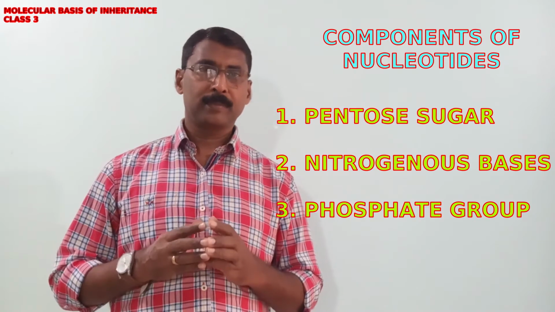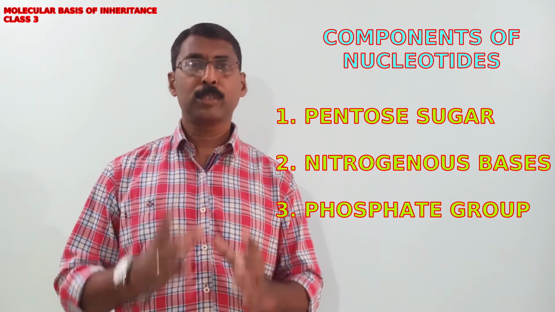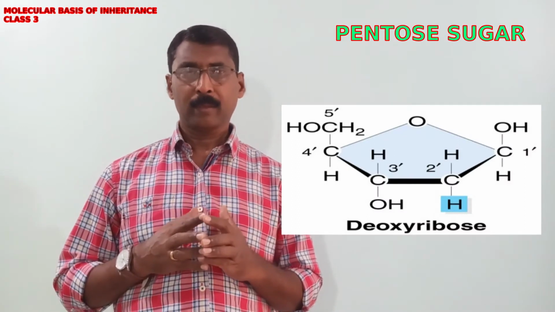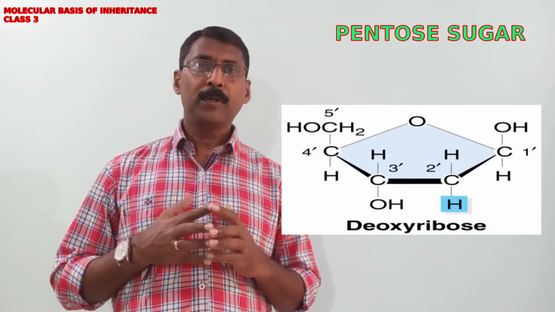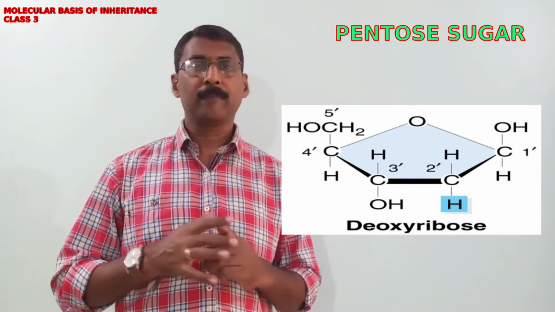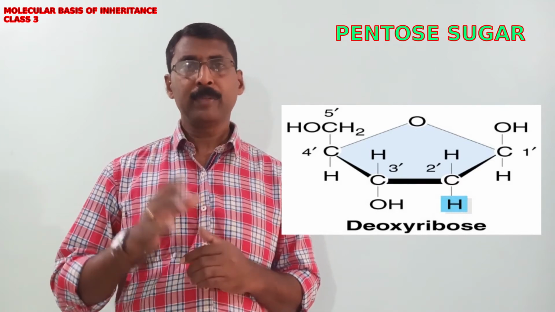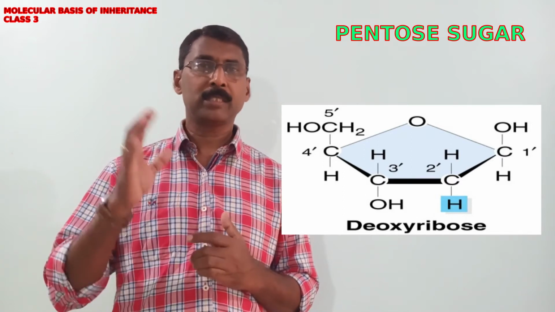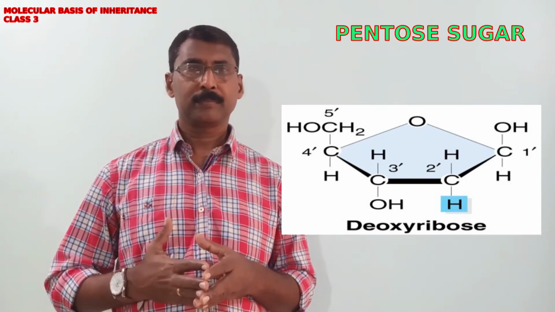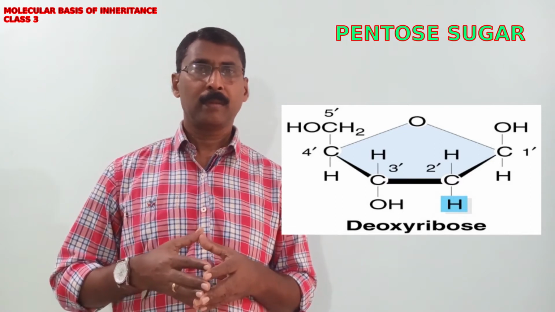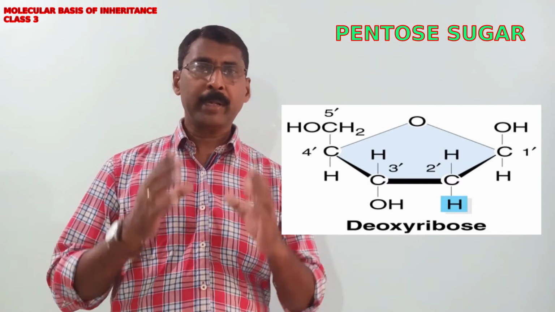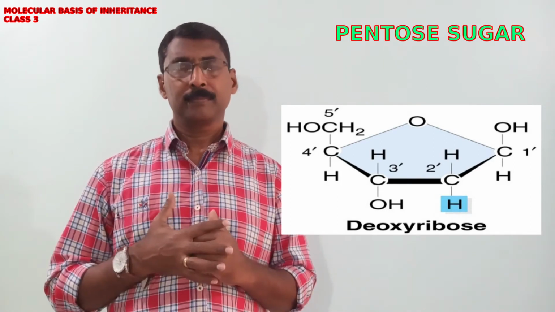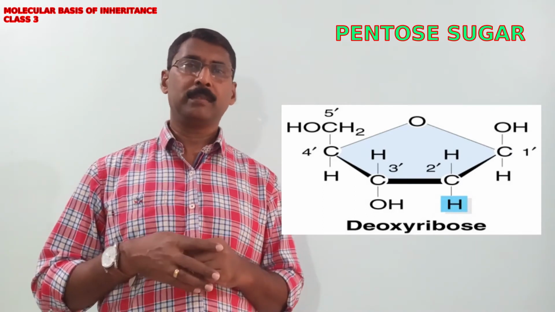One of the components of the nucleotide is pentose sugar. Pentose sugar is a 5-carbon compound in which 4 carbon atoms form a ring-like structure and the 5th carbon atom is attached to the ring and stands outside the ring. The carbon atoms are numbered from 1 to 5, as you can see in the diagram here.